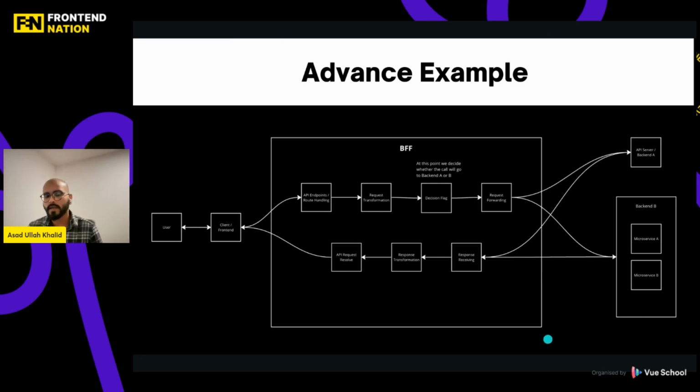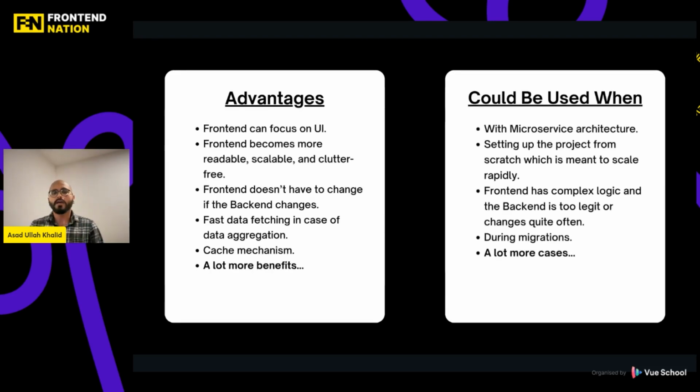And now you can do anything with this response. For example, you can make the response from backend B the same as backend A's response and send it to the front end. So front end doesn't have to write logic to support 2 different backends. Front end can write a single logic, and you can transform the response from both projects to a single response. So these were just examples.